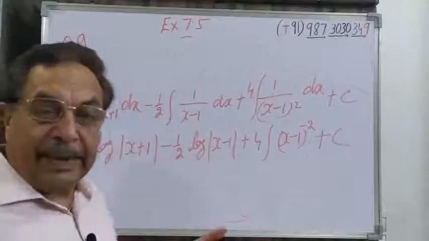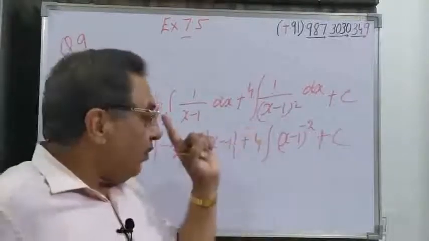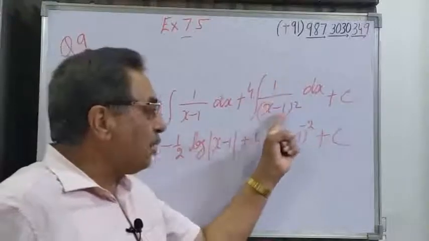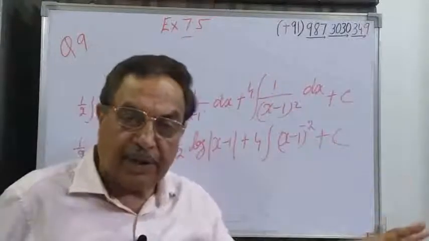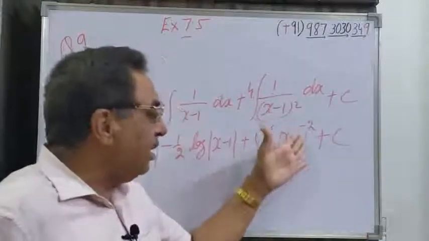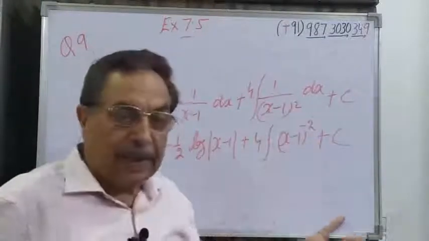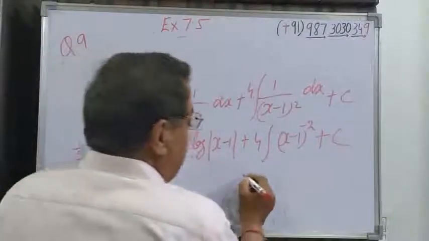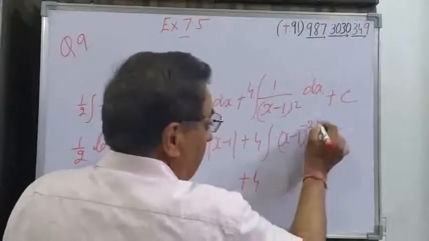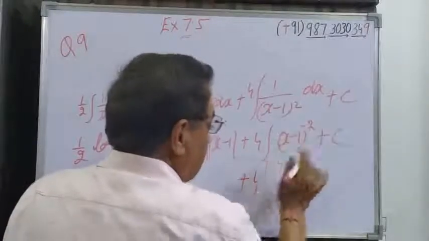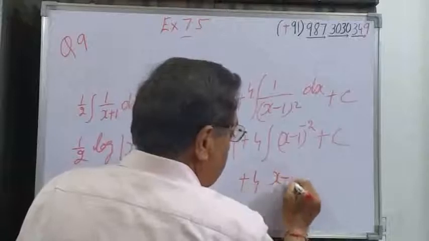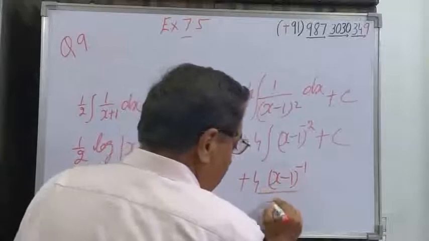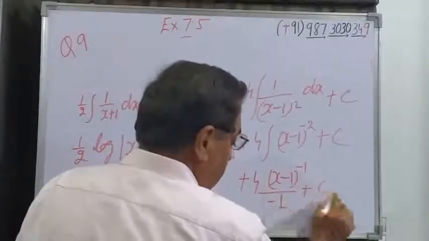Whenever you have to integrate a function such as 1 upon x minus 1 raised to power 2, 3, 4, etc., we just take it to the numerator and make the exponent negative. Now, integration of this would be 4 times x minus 1 raised to power minus 1, divided by minus 1, plus c.